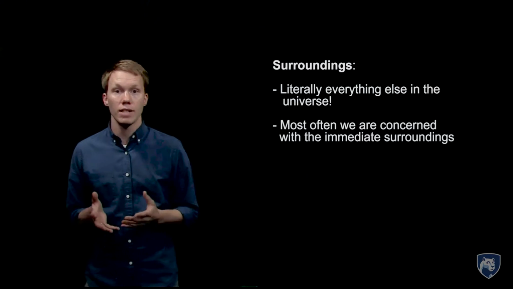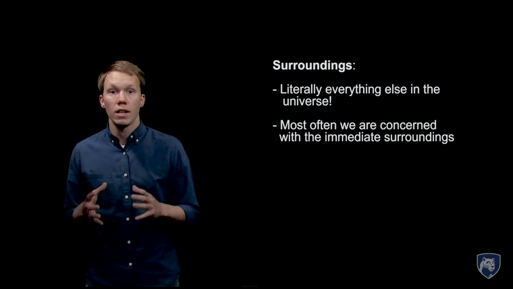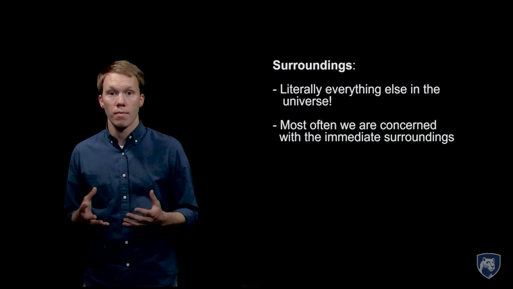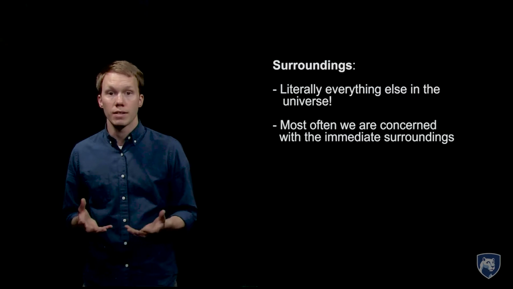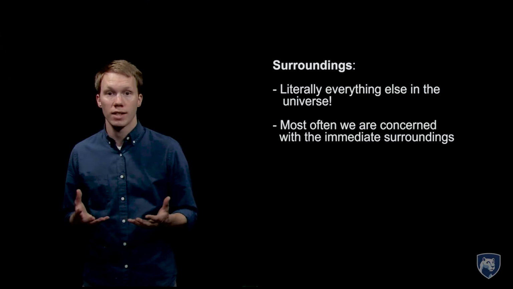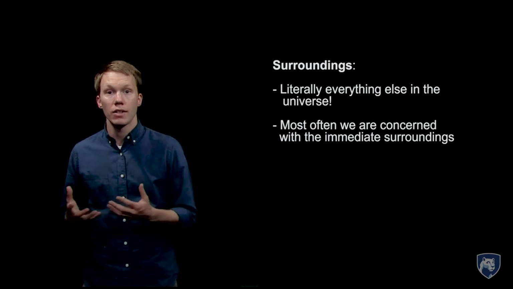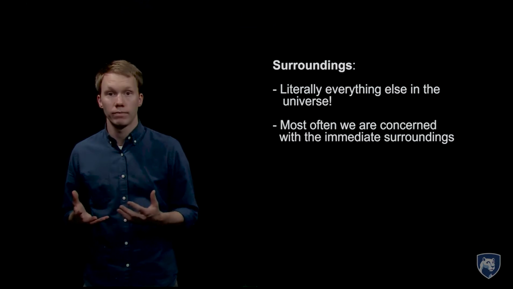However, we're most often interested in the immediate surroundings. So maybe we're going to be looking at the air immediately surrounding some system, or a solvent such as water that a chemical reaction is taking place in. Those are all things that we can study the transfer of energy between.